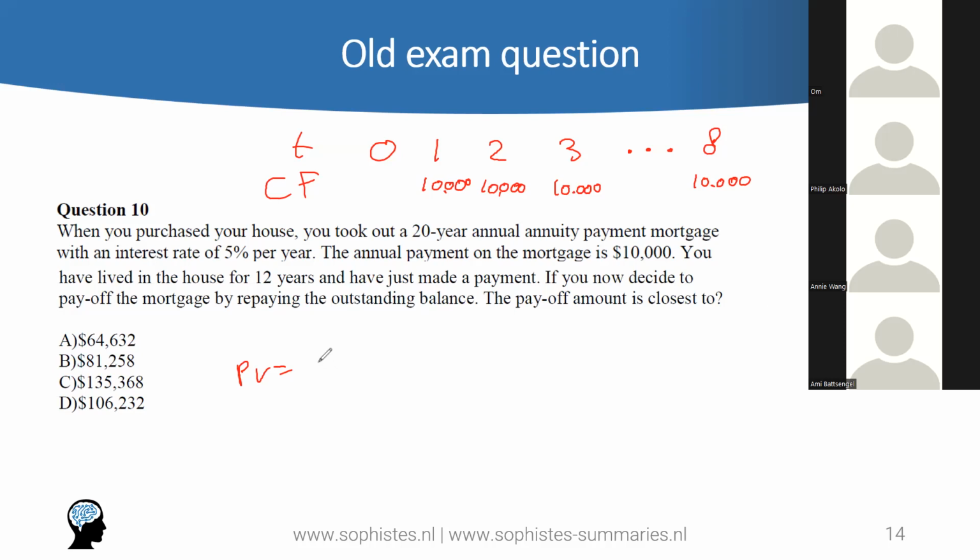So I assume that you'd first have to find out the present value of the 12 years. So that would be 10,000 times 1 over 0.05, and then times 1 minus 1 over 1.05 to the power of 12.